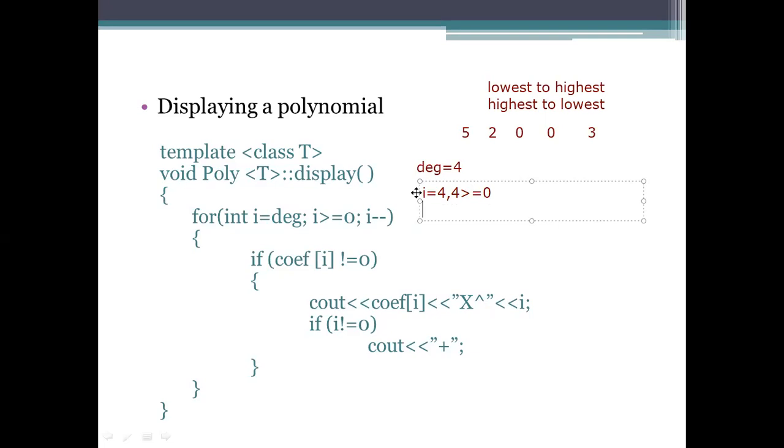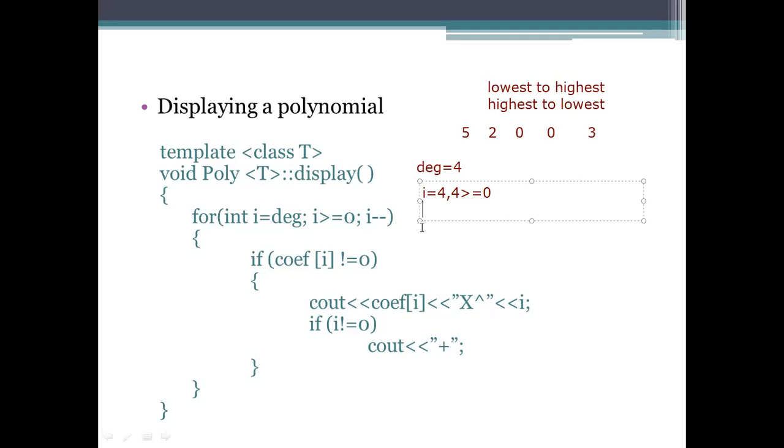The coefficient we are mentioning should be not equals to 0, so we check that. Coefficient of i means coefficient of 4. So what is the coefficient of 4 here? The coefficient of 4 is 3.